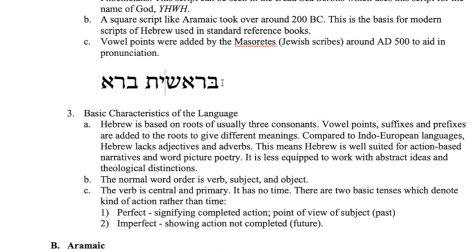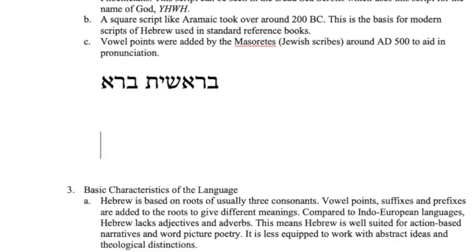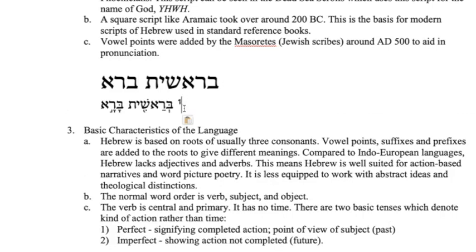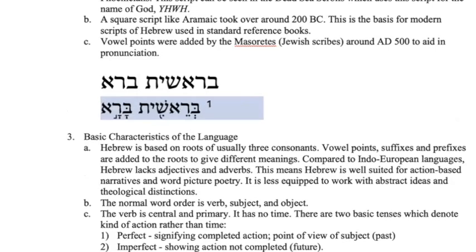Okay, so the original Hebrew looked like this. And so it's very hard to know. Those are all consonants, and it's hard to know how to pronounce that. So the Masoretes added the little dots and dashes for the pronunciation.